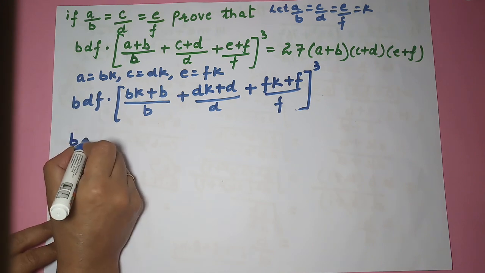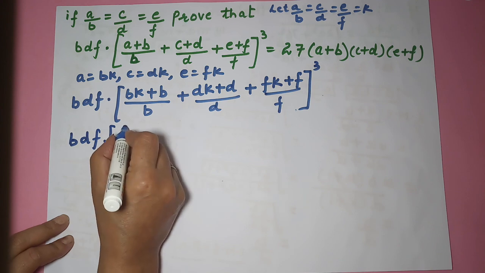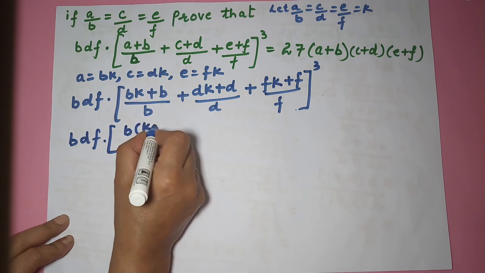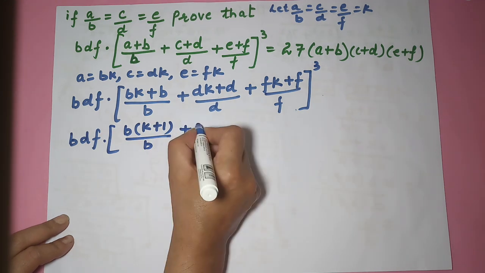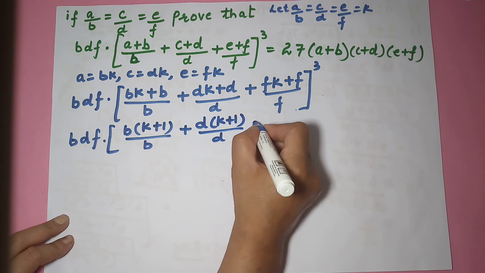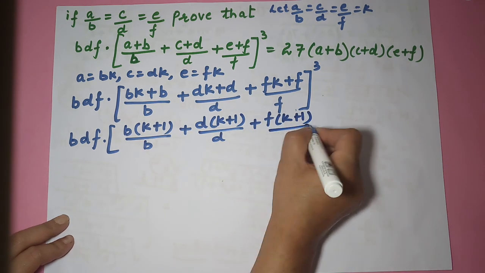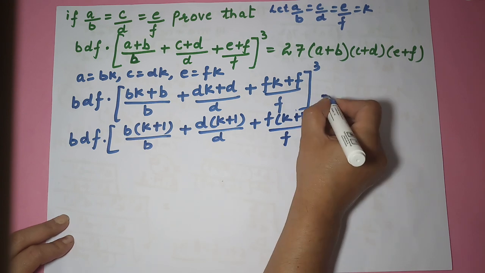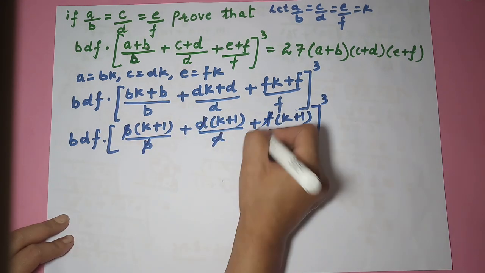Now this will become BDF here into, I can take B common in the numerator, I'll get K plus 1, and here I have B. Similarly I can take D common, I'll have K plus 1 and then D, plus I can take F common. I'll have K plus 1 and then F here. So B and B will go, D and D will go, F and F will go.